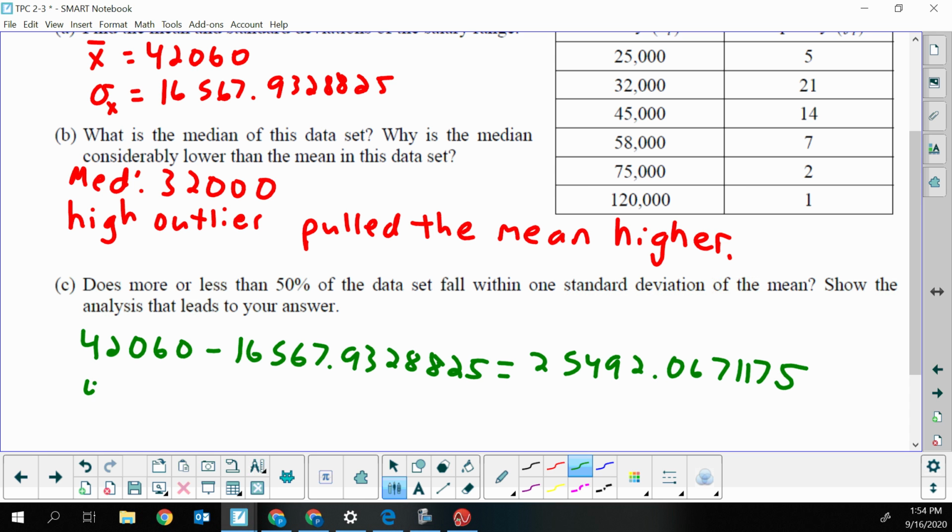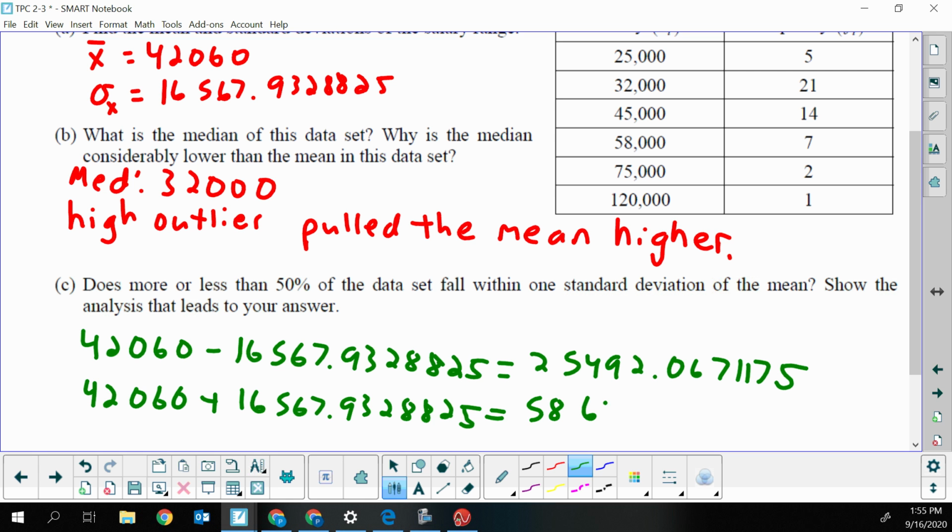Well, now we have to start at the mean and go one standard deviation above. So we will add our standard deviation on. So that would be 58,627.9328825.